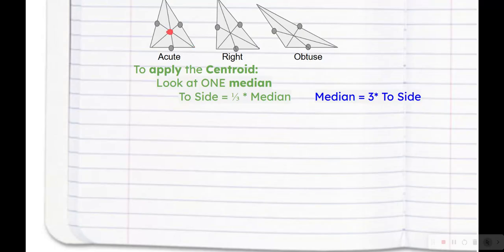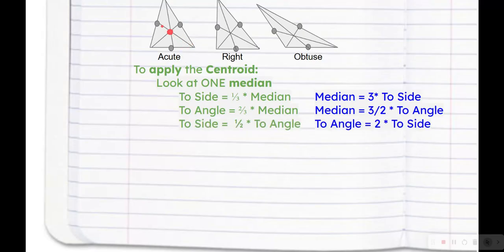And if I know the segment from the side to the centroid, if I multiply it by 3, that's going to get me the median. So those are those two formulas. That's the same thing. If I know that this is 1/3, it's natural that this is 2/3. And if I know the smaller segment, if I double it, it'll get me the larger segment to the angle.